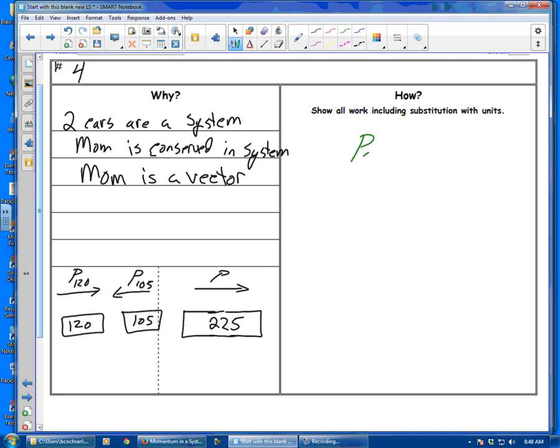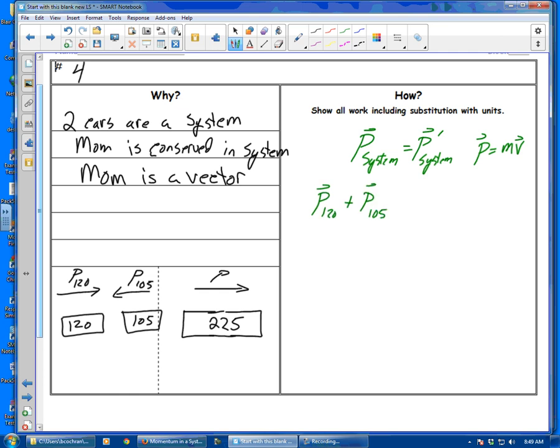So, momentum of the system before is the momentum of the system afterwards. And momentum equals mv. So, momentum of 120 plus momentum of 105.